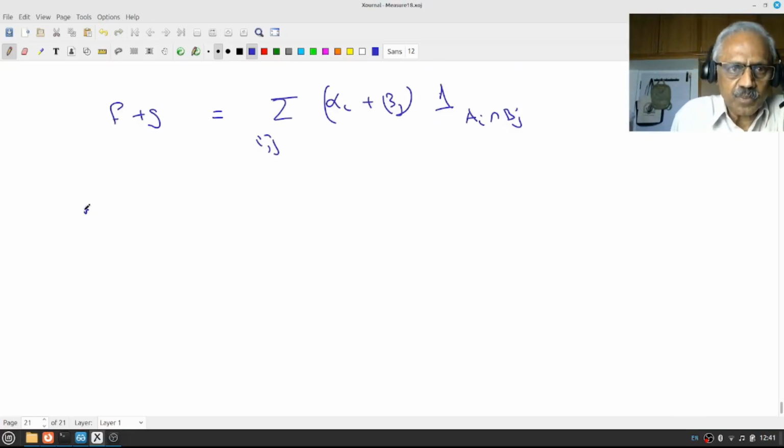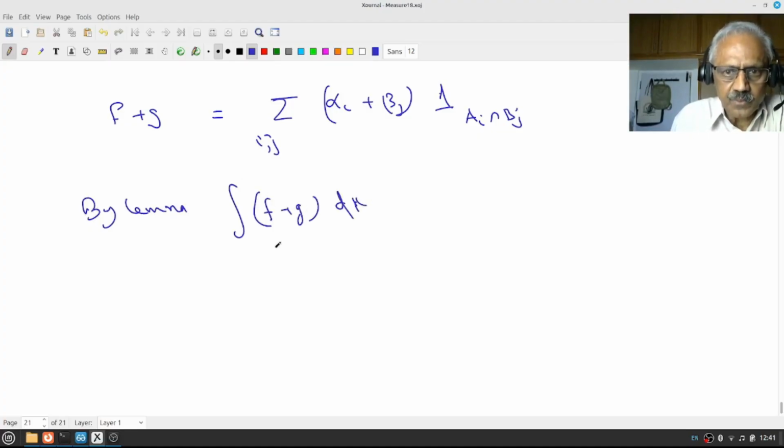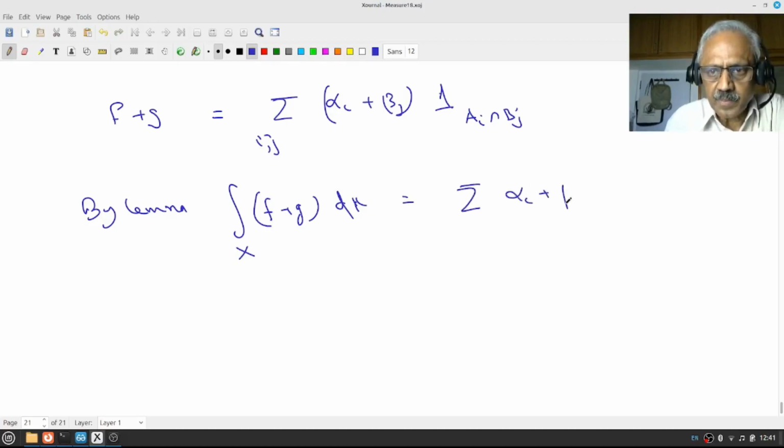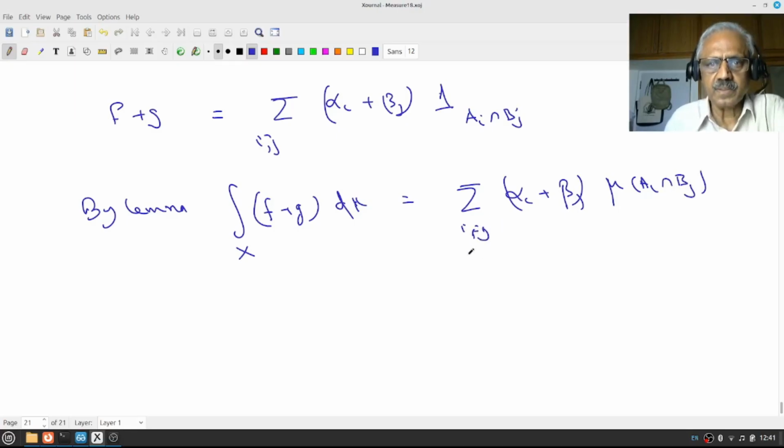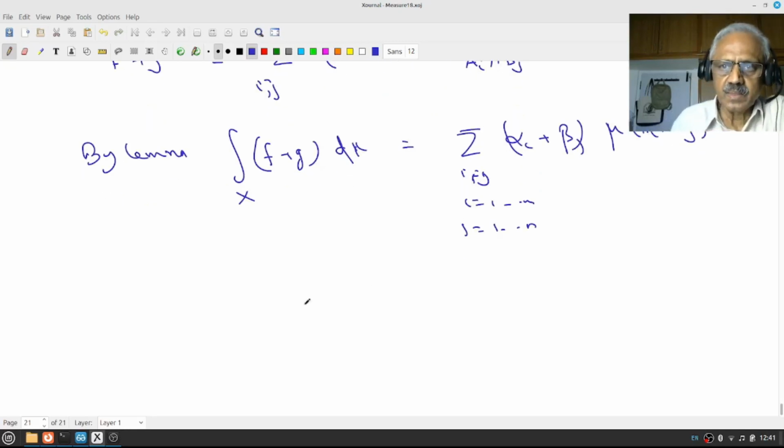Therefore, by the lemma, integral of f plus g d mu over x equals summation of alpha_i plus beta_j into the measure of A_i intersection B_j, i equal to 1 to m and j equal to 1 to n. Now let us try to reformulate.